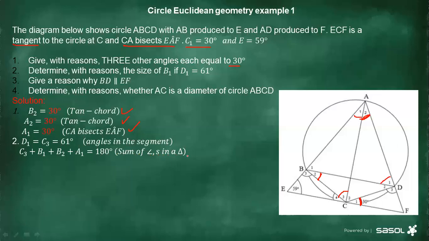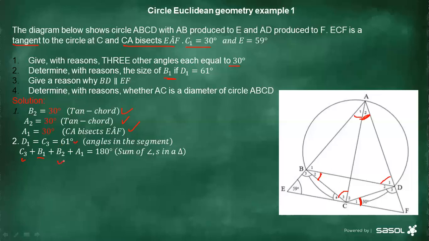We know that when we add all the interior angles of a triangle, they add up to 180. Therefore, because now we have to calculate angle B1, you can see there is angle B1 there, and angle C3 we have determined, we said is 61. You can see that.